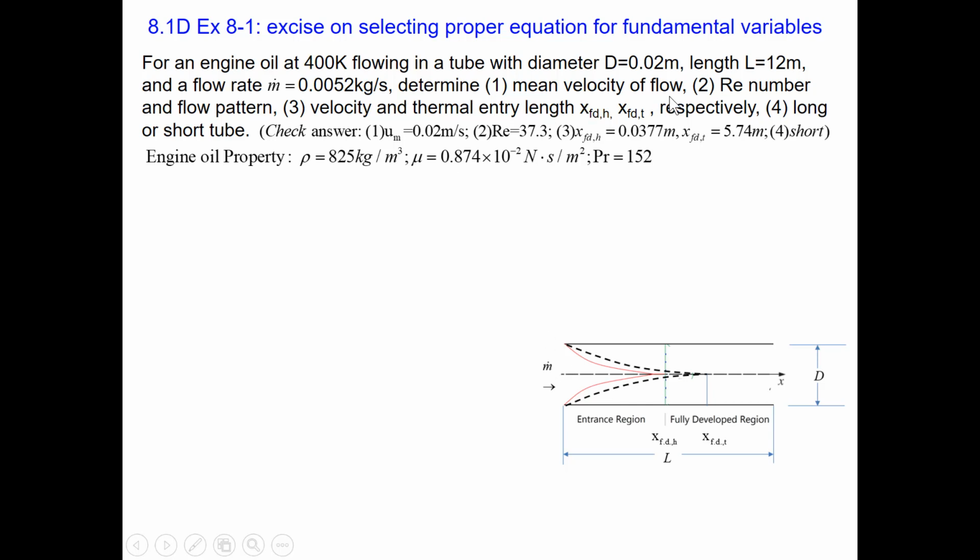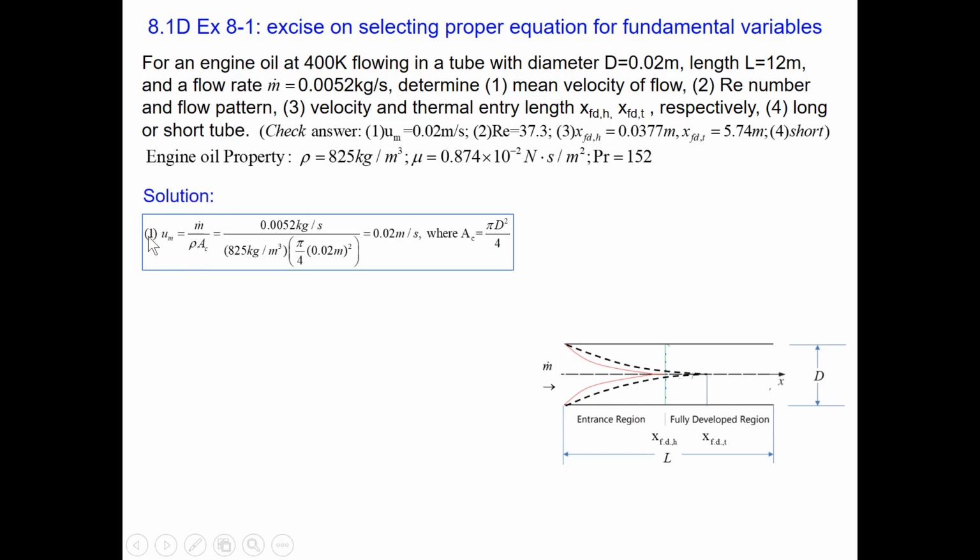The mean velocity of the flow, 2. Reynolds number and the flow pattern, 3. Velocity and thermal entrance lengths, 4. Determine whether it is a long tube or short tube. Engine oil properties are provided here.